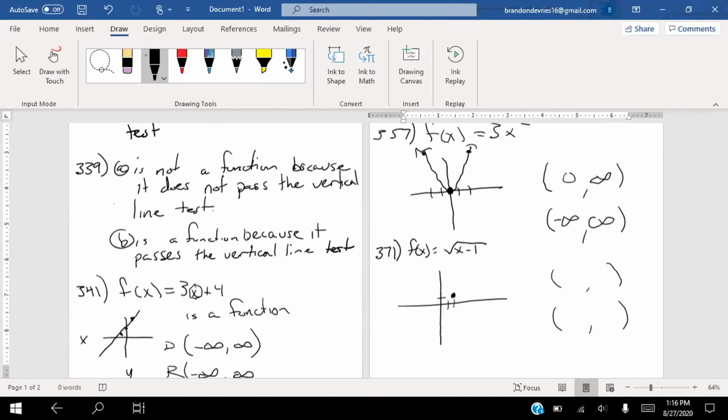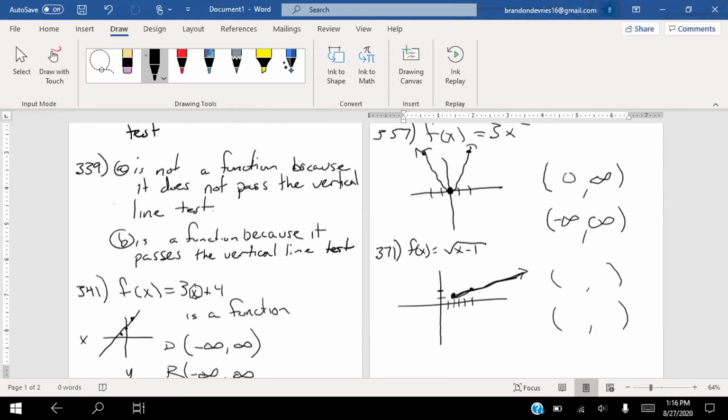I think we would have to do 5 minus 1, that'd be 4 and the square root would be 2. All right, so we'll do 5. 5 minus 1 is 4, square root of 4 is 2. So we go 1, 2, 3, 4, 5, and then up 2. So the line will go like this.